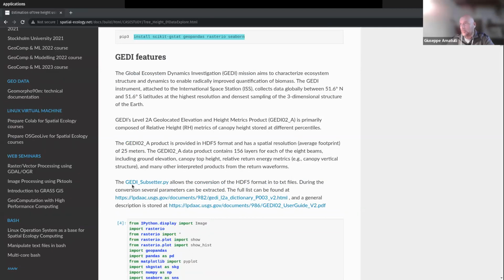There is a scripting procedure provided by the GEDI tools platform, manipulated with Python, but I tweaked the Python script quite a bit in order to retrieve the data from HDF and transform it to TXT, which is more understandable and visible.